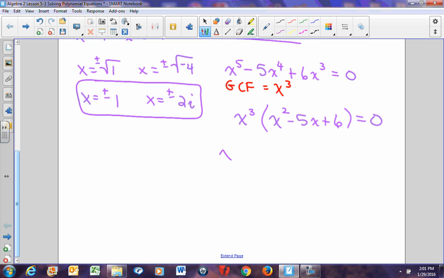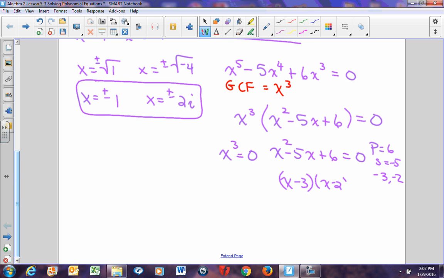So I now know that x to the 3rd equals 0, and x squared minus 5x plus 6 equals 0. x squared minus 5x plus 6 will factor because I'm looking for a product of 6 and a sum of negative 5, which is negative 3 and negative 2. So I get that to factor to x minus 3 times x minus 2 equals 0.